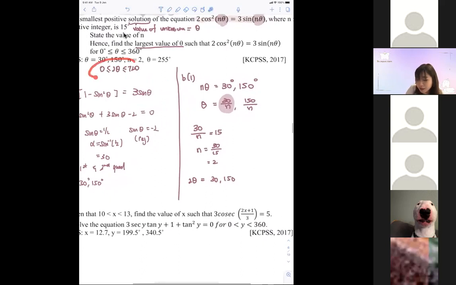So we can plus minus 360 to get everything in the domain. So plus 360, plus 360. If you plus 360 again, it will exceed 720. So we stop here. This is my largest value. Therefore, largest theta is just 510 divided by 2.